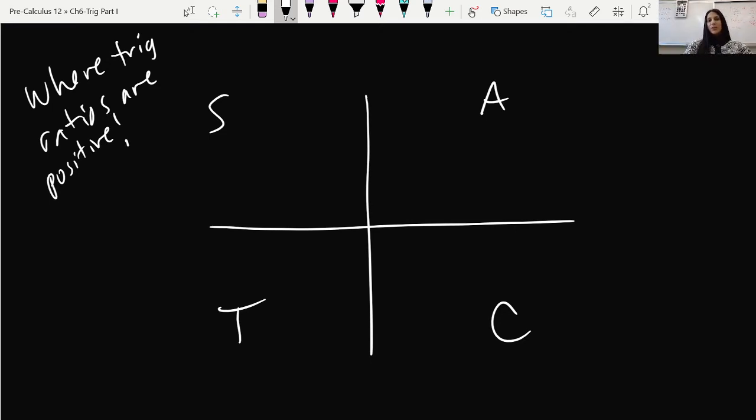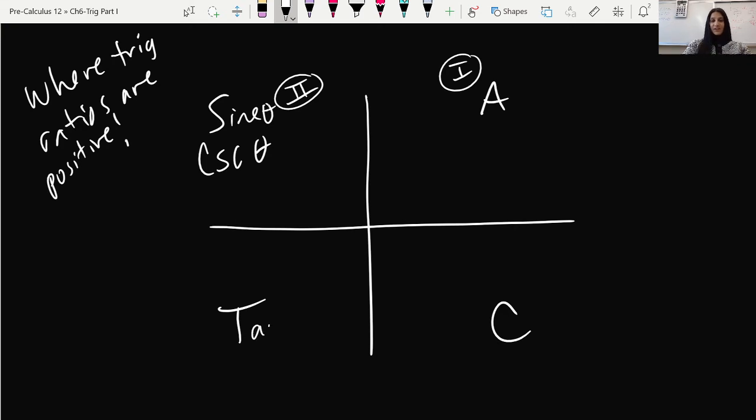So here in quadrant 1, it would be all of them, like sine, cosine, and tangent are all going to be positive. In quadrant 2, it's only sine. Okay, but let's talk our way through this. If it's sine, then so is cosecant theta. Because remember that they go together. So I could say sine or cosecant theta.